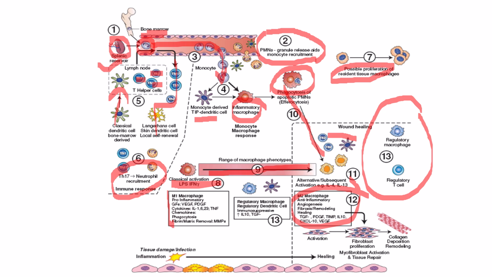So the main phases are inflammation, that is M1 dominant. Then there is transition, and then there is healing macrophage, that is M2 macrophage. So the repair process begins when macrophages predominate at the site of the injury.